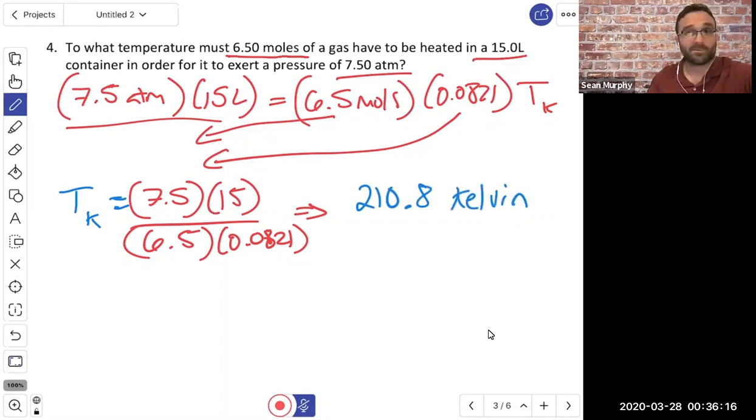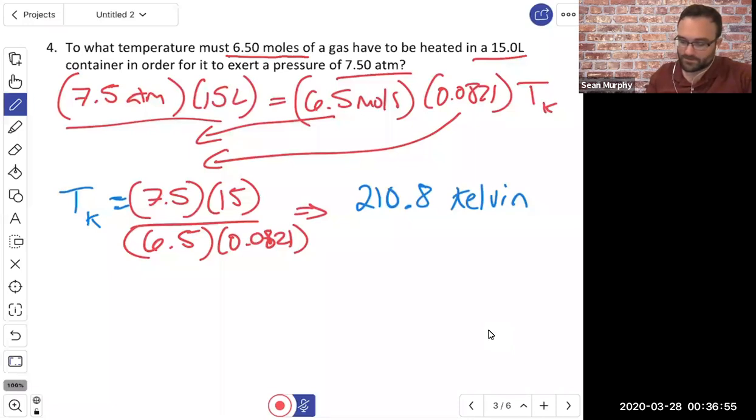What happens if I was being Mr. Tricky here and asked you to put the answer in Celsius? Oh. Remember that Kelvin is always 273 degrees higher. So for us to go down to 210, that means we've got to go down the same amount in Celsius. Okay, so how much did we decrease by?